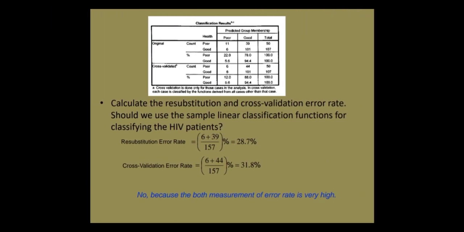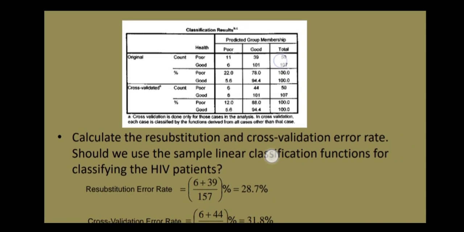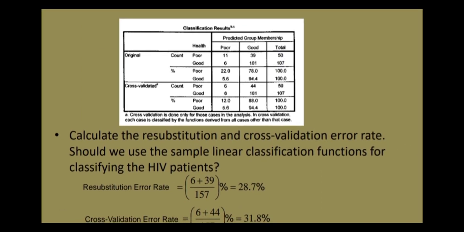Okay, the next one, calculate the resubstitution and cross validation error rate. Should we use the sample linear classification function for classifying the HIV patient? So kita nak evaluate whether the discriminant function tadi can be used to classify the other HIV patient. So from the SPSS output, we will have this result dipanggil classification results.